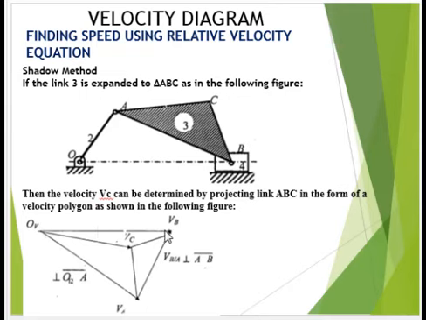For the velocity at point C, you can draw the projected triangle like this, with the same scale. Now you can find the velocity at point C by measuring the direction for VC.